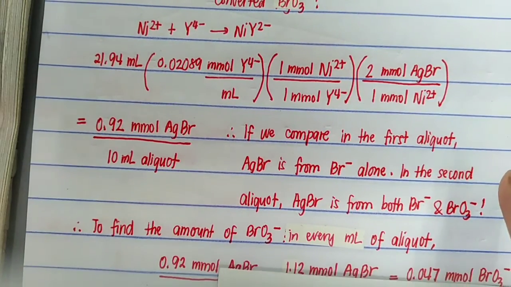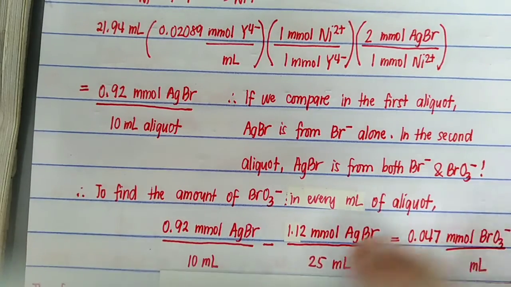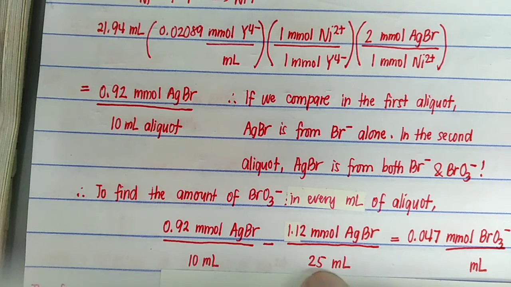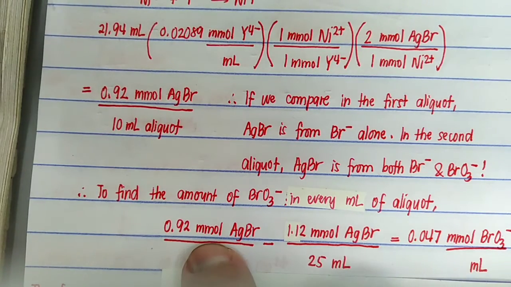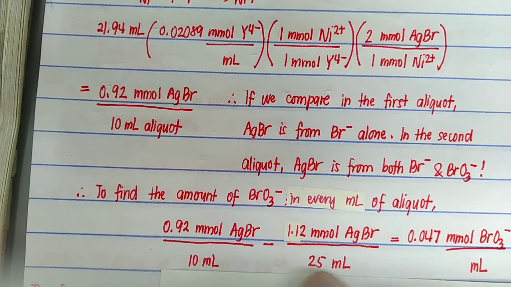So now what we want to do is subtract that amount when the two of them are present minus that amount in which only one was present. So that's 0.92 over 10 minus 1.12 over 25 that we got earlier.